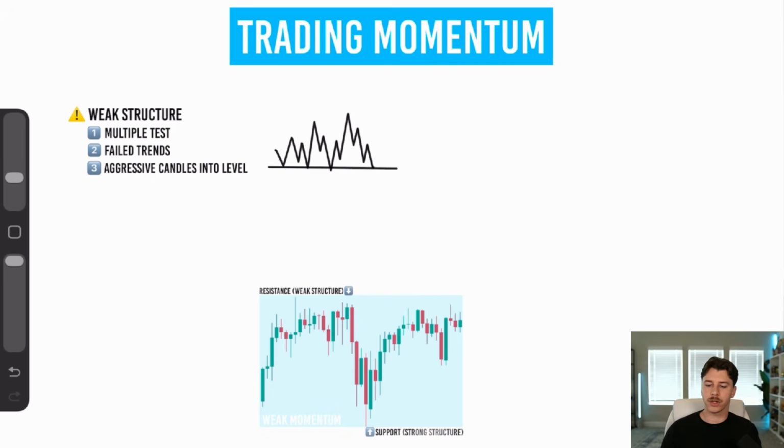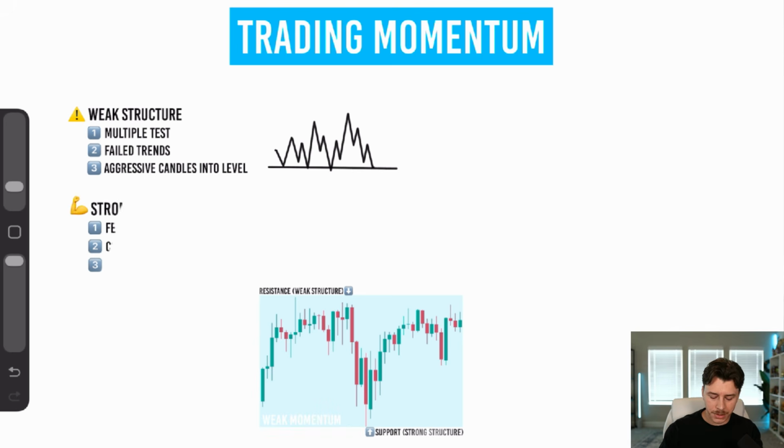We can't put in higher lows. We can't develop a trend. It shows that there's no buying strength off of this level. Third, we're going to see aggressive moves down into this support level. Aggressive candles coming into that level show an increase in selling activity, meaning that this level is likely to break. So this is a situation where I'd like to anticipate a breakout trade through this level.